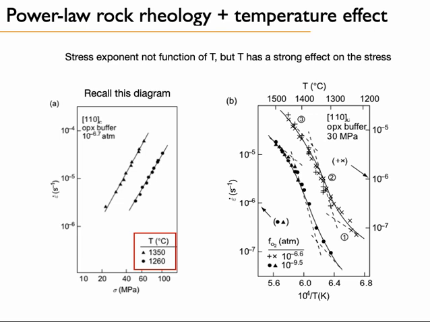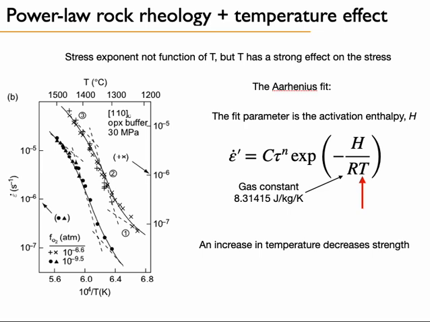This is another way to plot the data. So the strain rate is here, and here is the temperature. And what you see here is results of experiments. So here you have different sets of experiments.